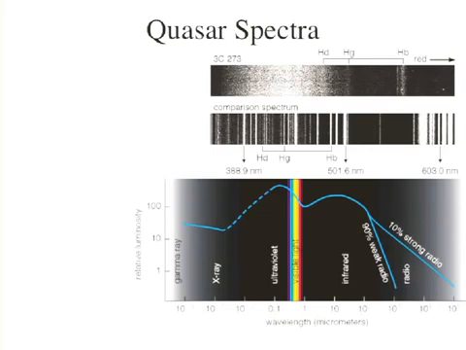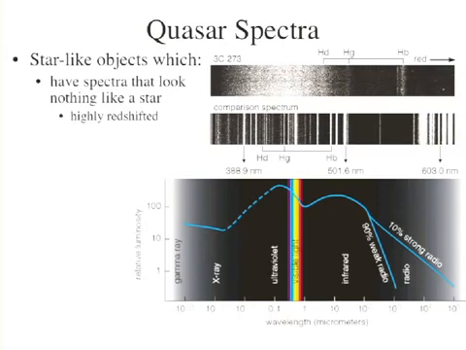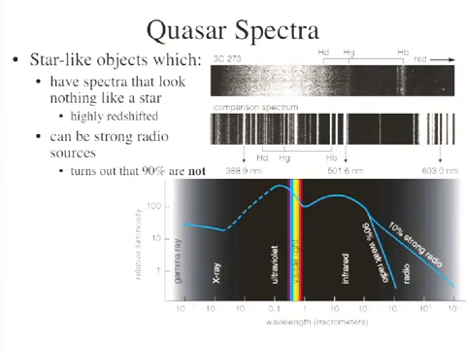It's huge. Stars don't look like that. Stars don't have emission lines that are that broad. Very strange. Okay, star-like object. The spectra don't look anything like a star. Star-like in that it looked like a star, they just couldn't see anything.